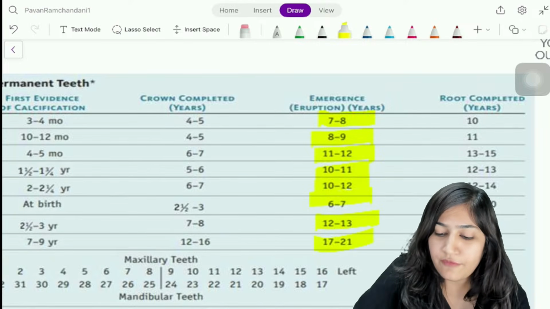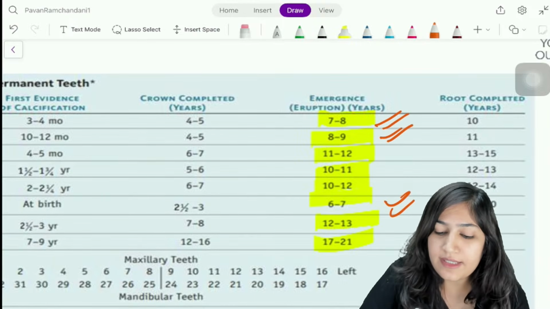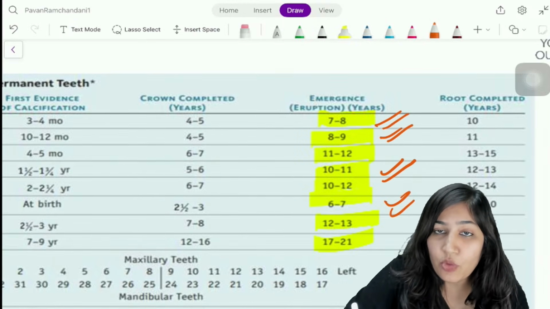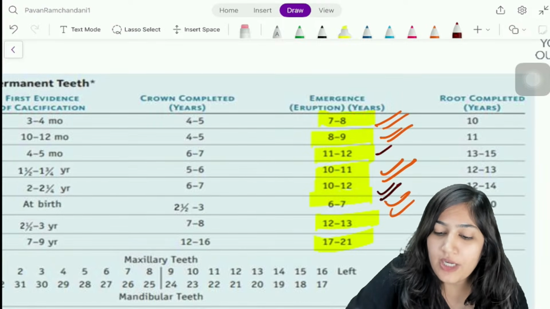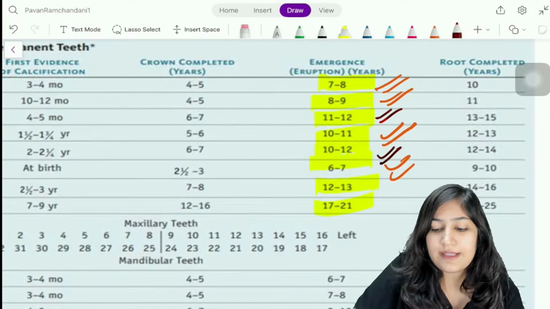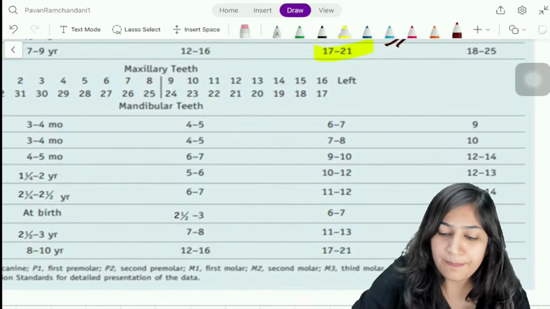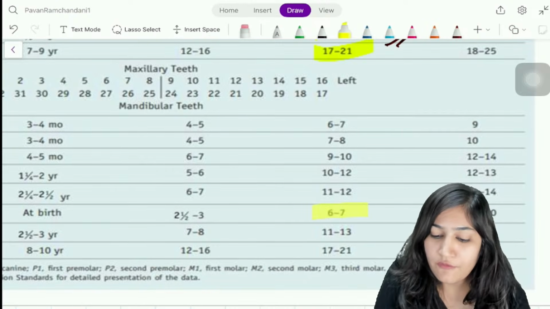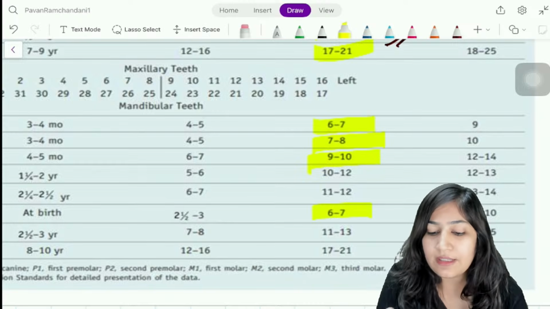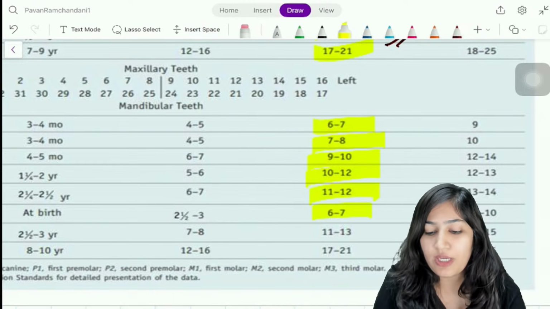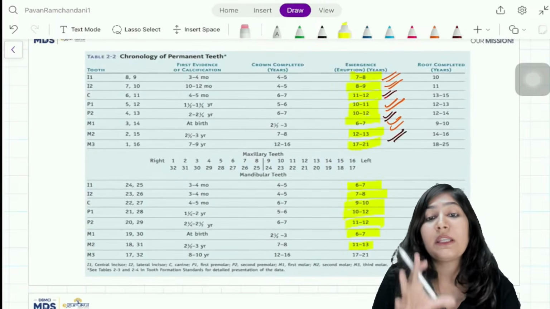Here you can see first molar, then central incisor, then lateral incisor, then first premolar, then second premolar or canine, and then second molar. Same for mandibular teeth. First molar, central incisor, lateral incisor, canine, first premolar, second premolar, second molar. So you should be thorough with this table.